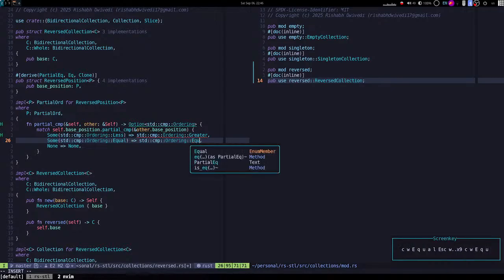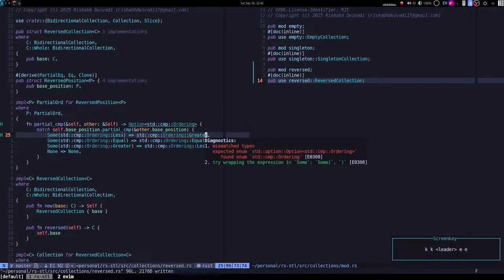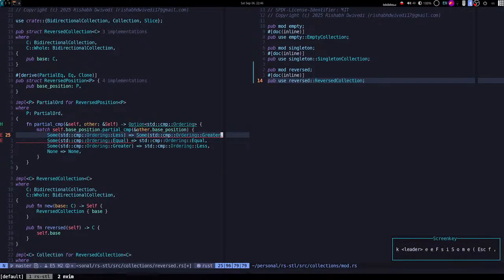It should be equal and greater. It should be less, right? What happened? And it should be sum of it. Right? So yeah, that's it.